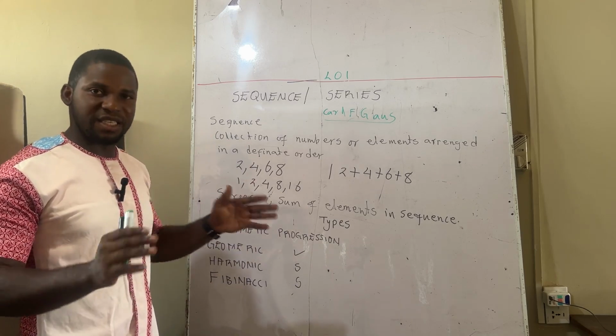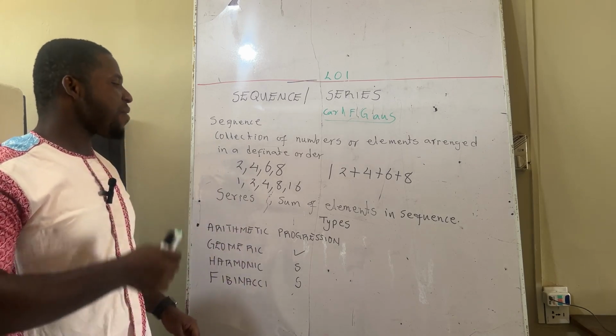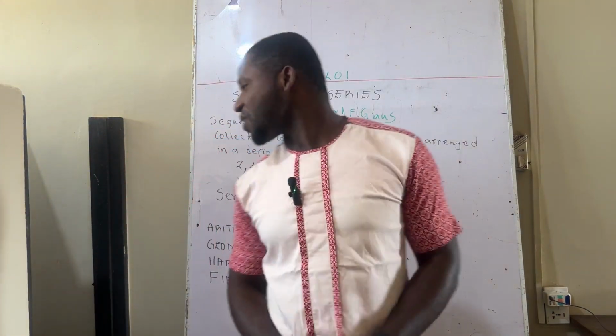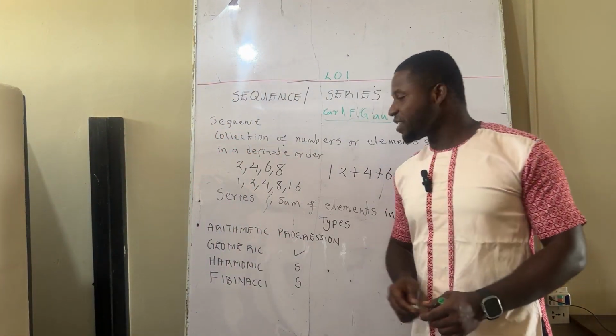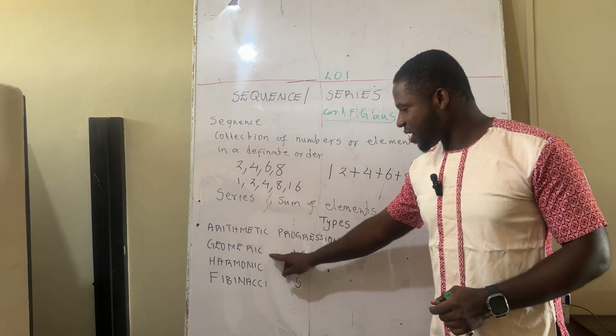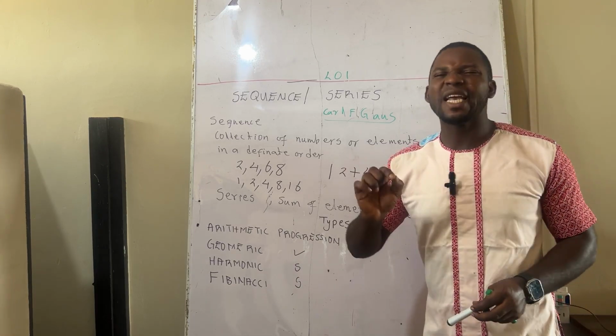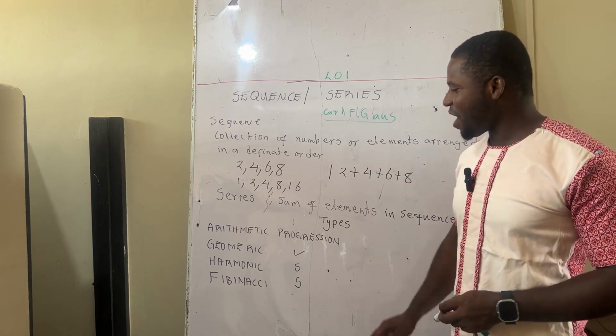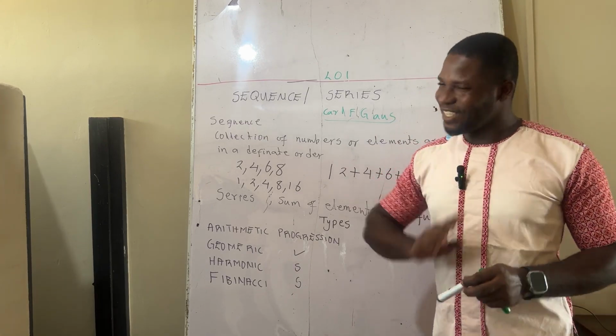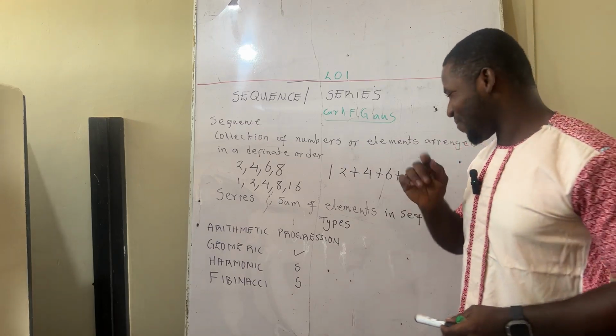Okay, so let's look at types of sequence and series. The first one is arithmetic progression. The second one is geometric progression. The third one is harmonic sequence. And then we have the Fibonacci sequence. They are very interesting subtopics.